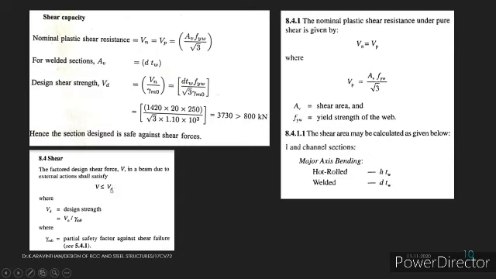So your section's shear carrying capacity should be equal to or more than the shear acting due to the load. Hence the design shear VD should be Vn divided by gamma m0, where gamma m0 is the partial safety factor against shear failure.